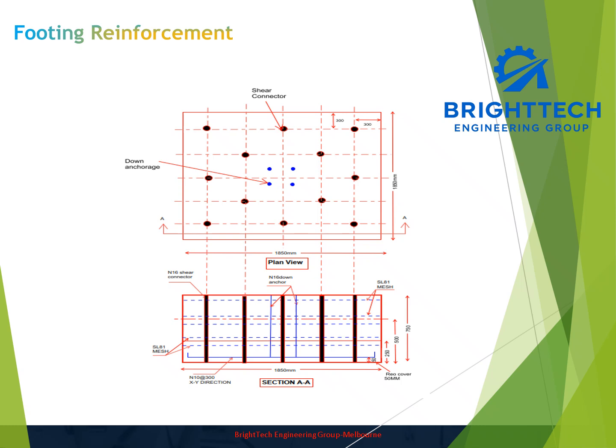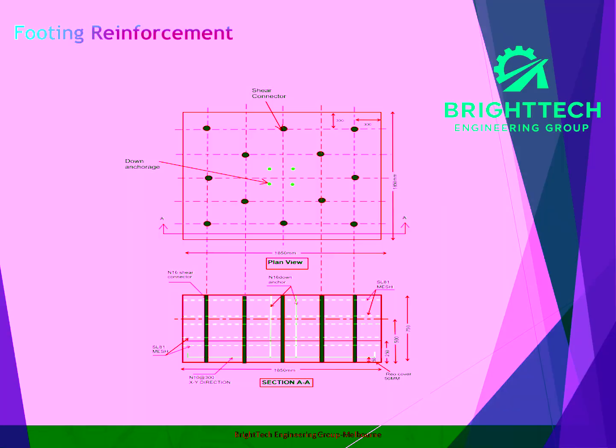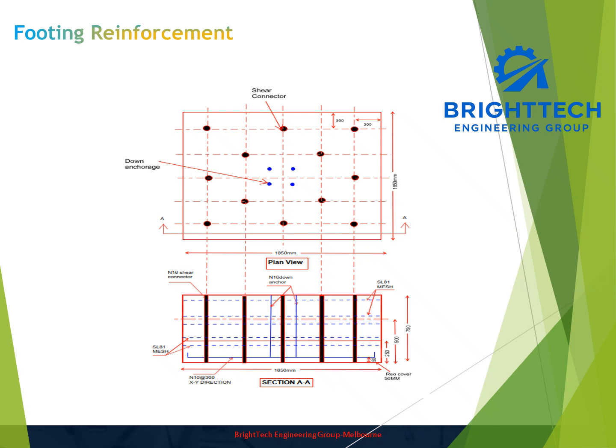We have 3 here, we have 3 here, so in total we have 12, and these are the hold down anchors. Here in this section you can see hold down anchors, which can later be connected to the pedestal.